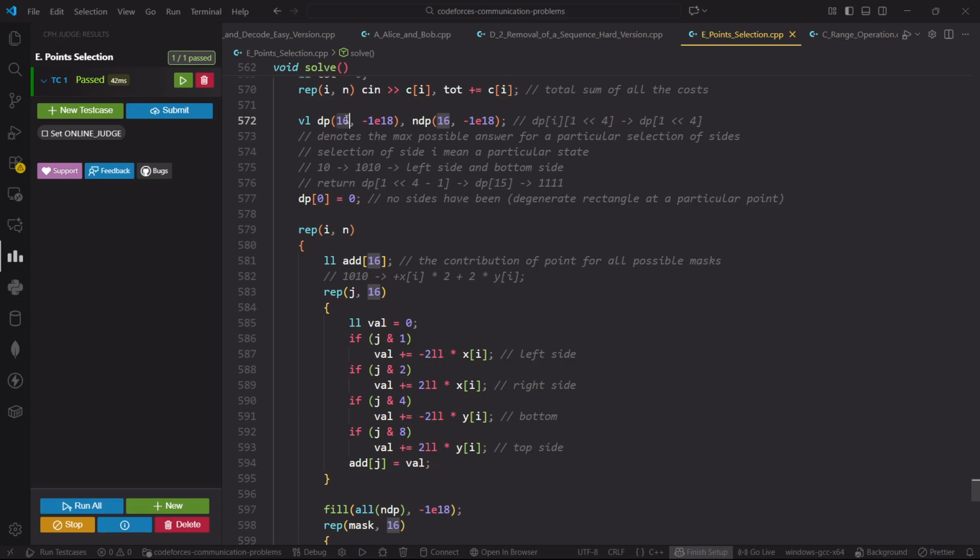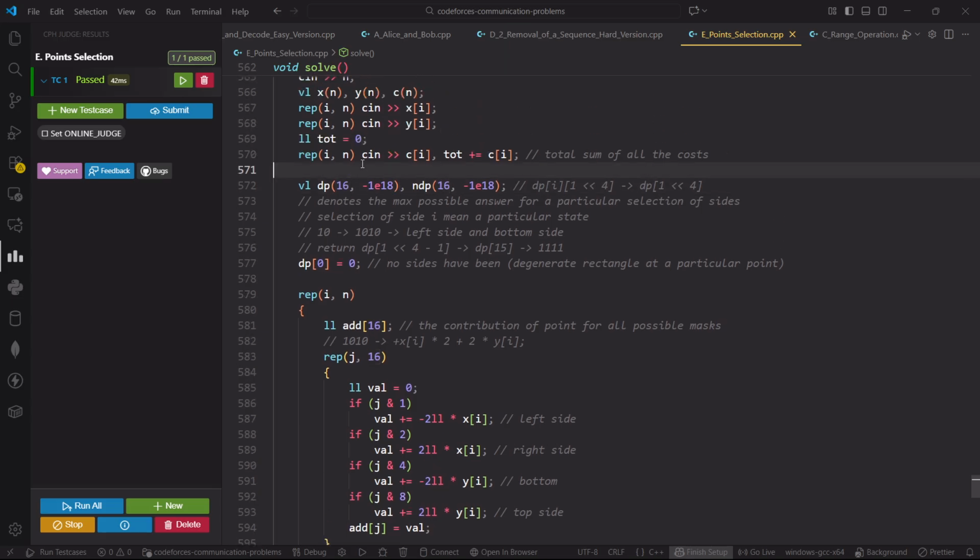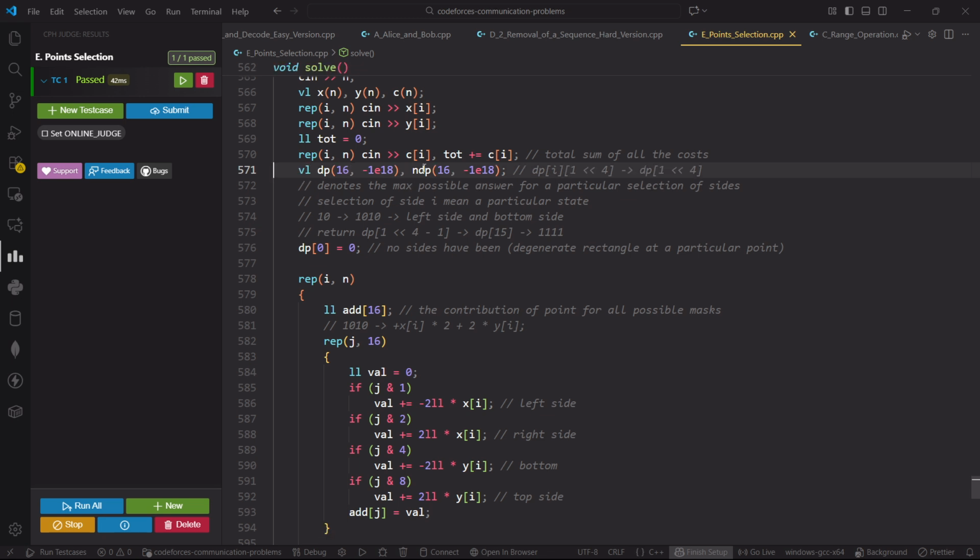So this is how I have done this. We can also have a DP of n by 2 to the power 4, because this will be for each and every index i. But this is just a space optimization that we can do by creating a temporary DP table. So DP, I have mentioned it here.